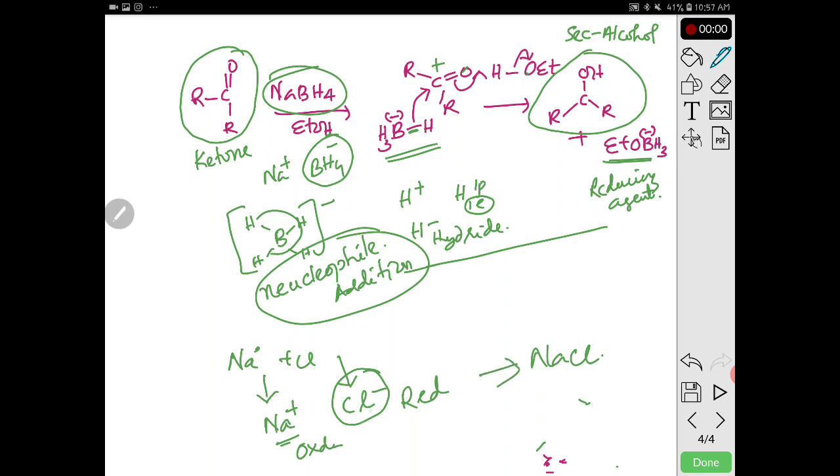Now the question is, what made this sodium get oxidized? It is the chlorine, because if chlorine was not ready to accept the electron, the sodium wouldn't have got oxidized.